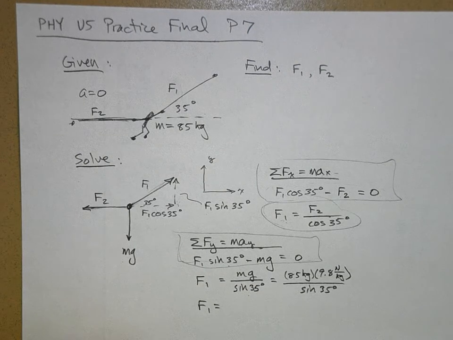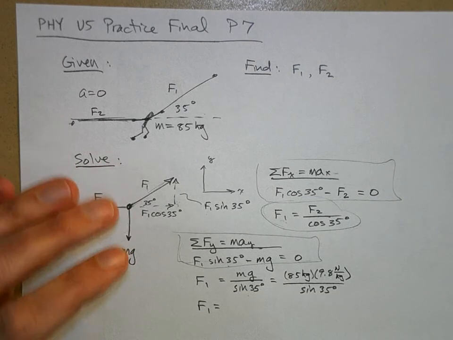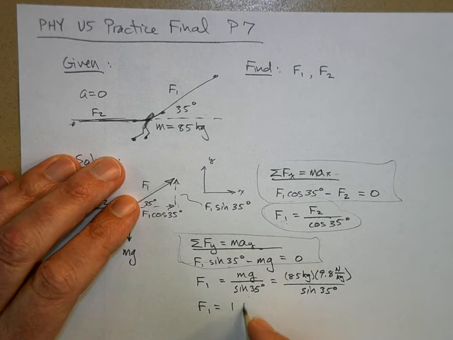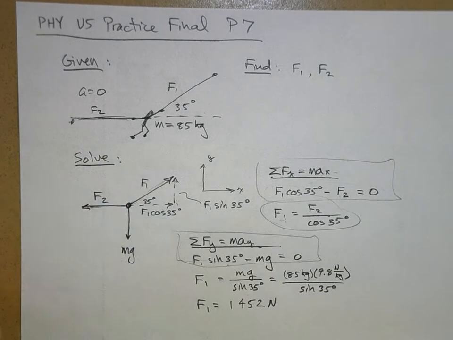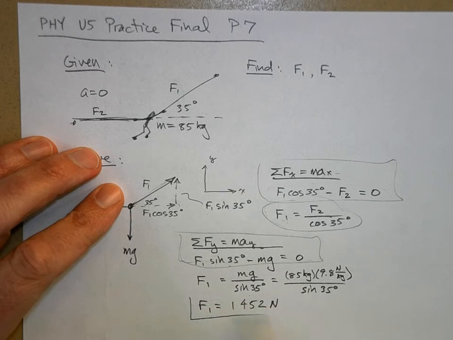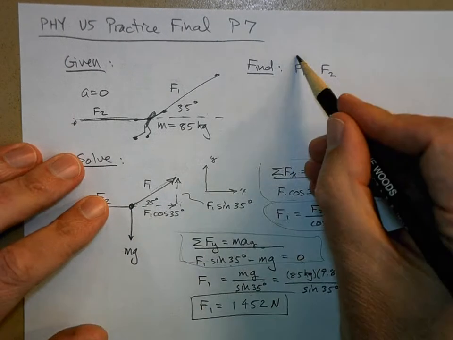And we get, ooh, it's pretty big, 1,452 newtons. Could probably round that off to 1,450, but I don't know, I'll leave it like that. So that's one of my answers.